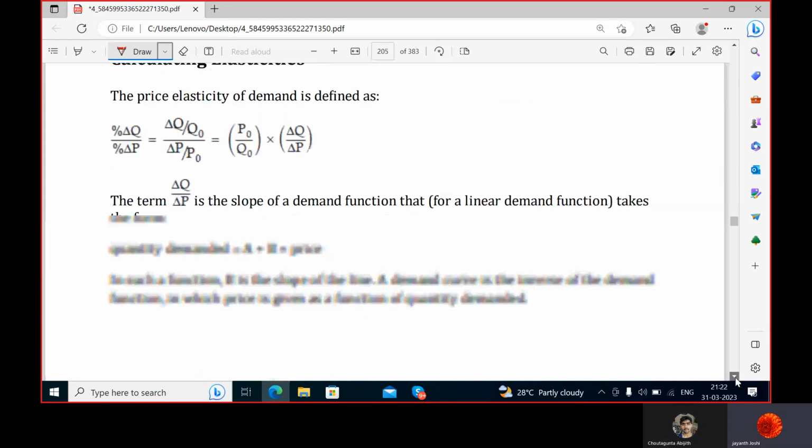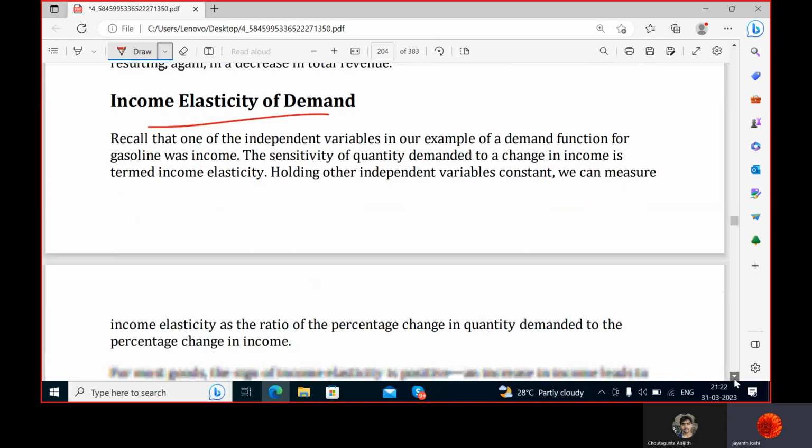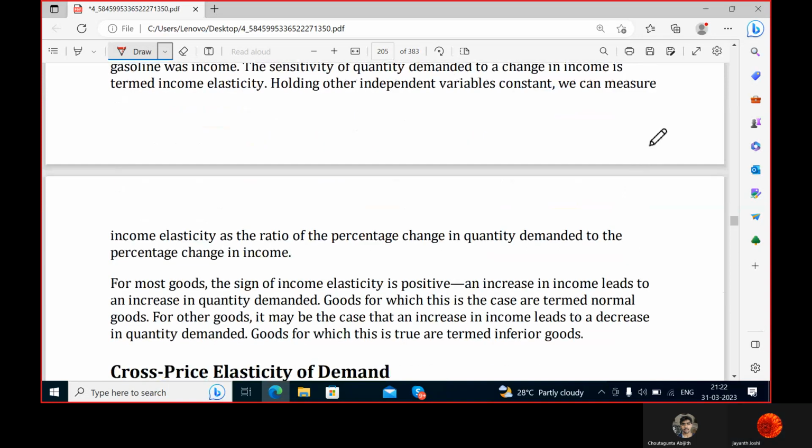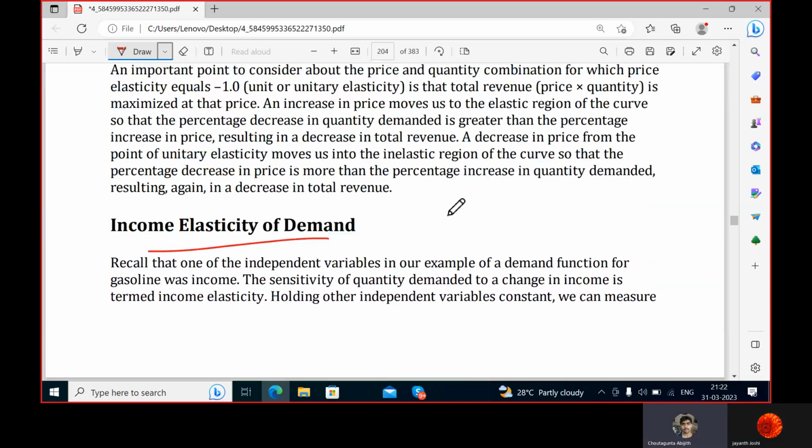See, income elasticity of demand is nothing but how the demand responds to changes in income levels. Okay. So very simple. When the income increases, the demand should what? Decrease or increase?